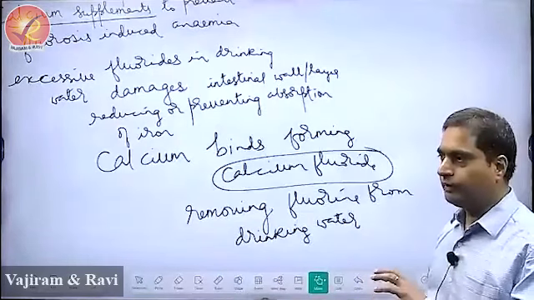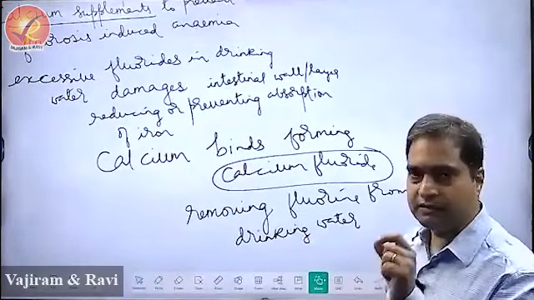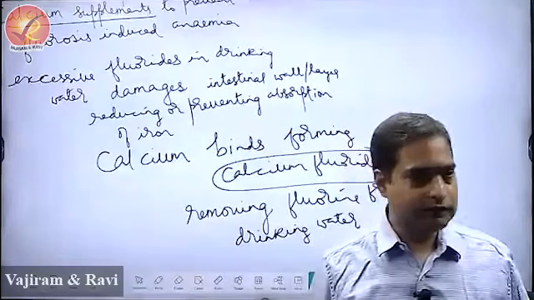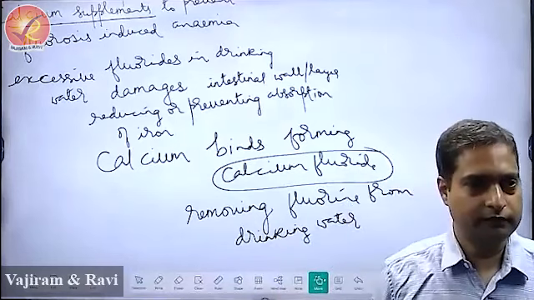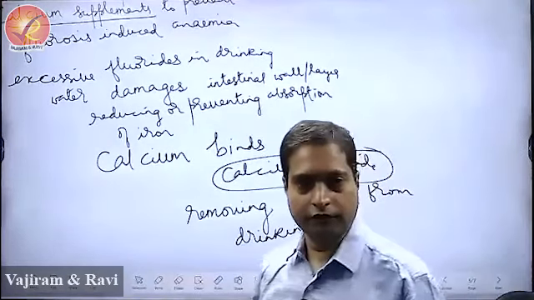So fluorine will not be available in free form to damage the intestinal wall, and this indirectly will prevent fluorine induced anemia. Is it clear to all of you?